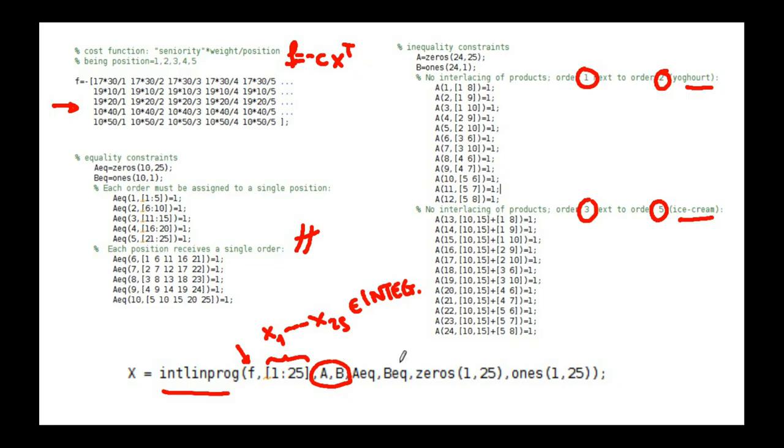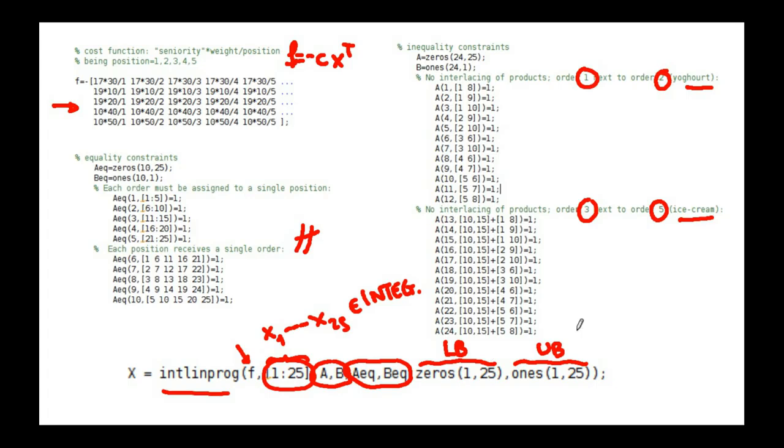Then inequality constraints, equality constraints, these are the lower bounds, and these are the upper bounds for all the elements within the optimization array, within X. Because this tells the software that these numbers are integers, but not binary.